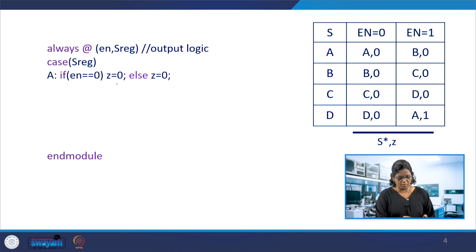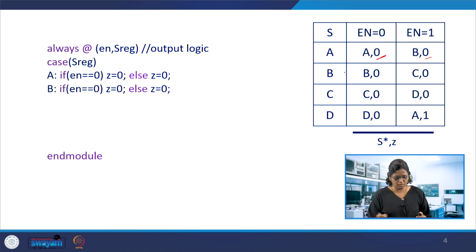So SREG, enable is 0. So it goes to the next state as per the previous always block, and Z is 0. Also here, this is else Z is 0. We have this again: if enable is 0, then Z is 0, else also Z is 0 in two cases.